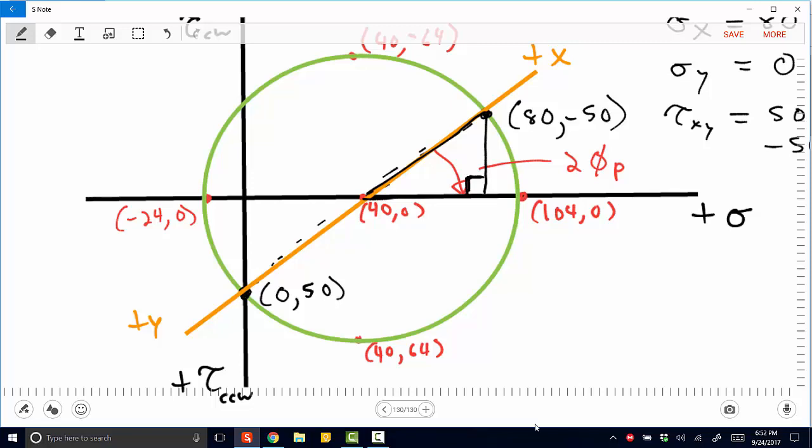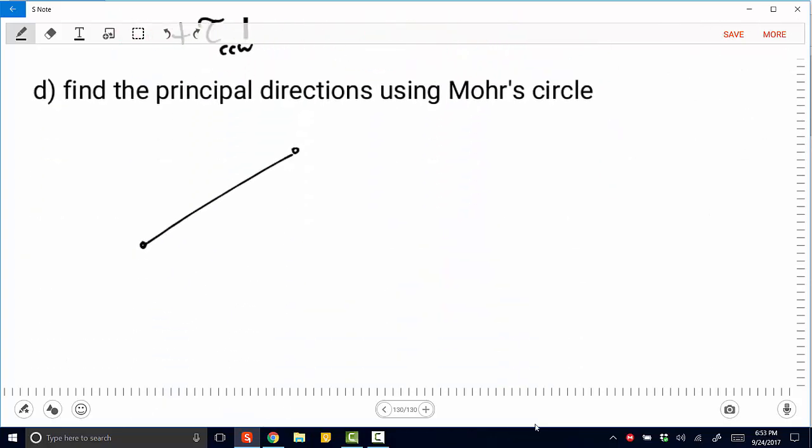And using trig, we can actually find the angle of 2 phi p. So let's form this right triangle where this side is equal to R. It's from the center to the surface of the circle, so it's equal to the radius, and R is equal to 64.